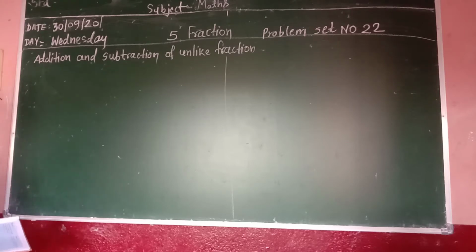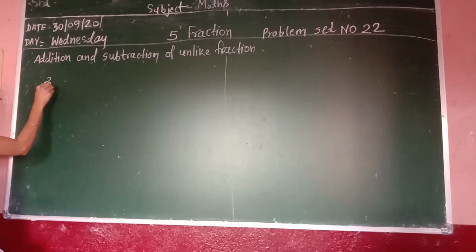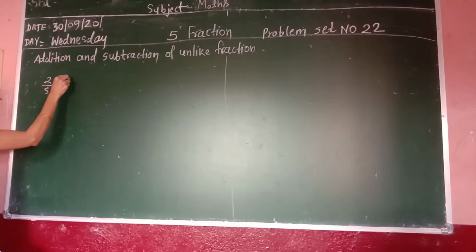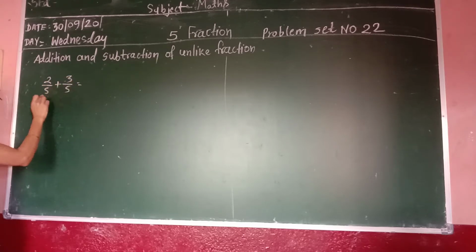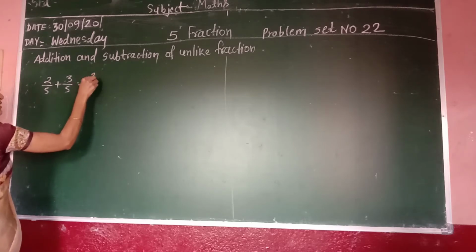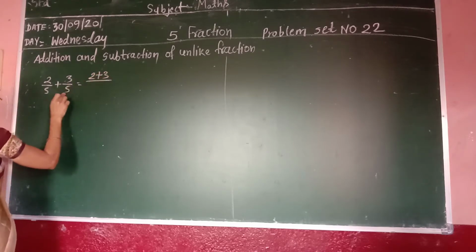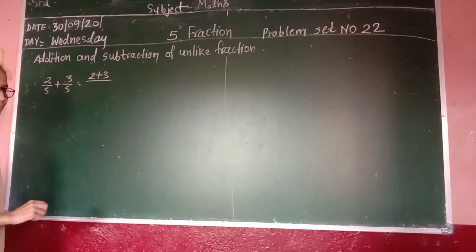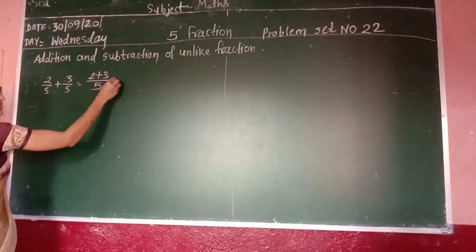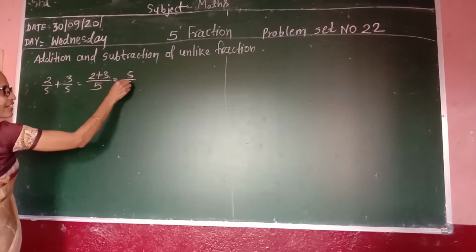Like fractions are very easy. 2 upon 5 plus 3 upon 5. If it is a like fraction, what do we do? We add only the numerators and the denominator stays as it is. That is 5 upon 5.